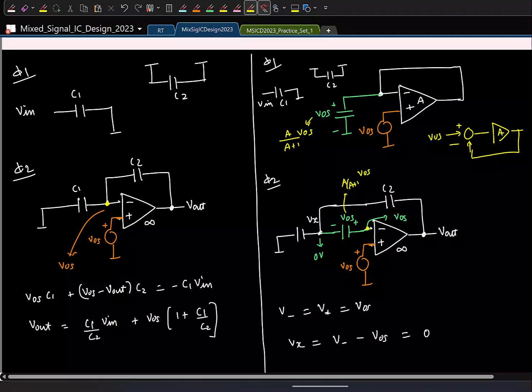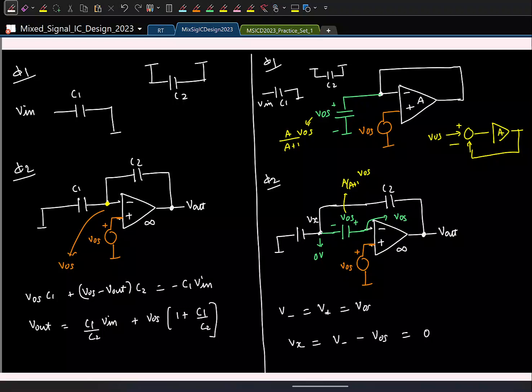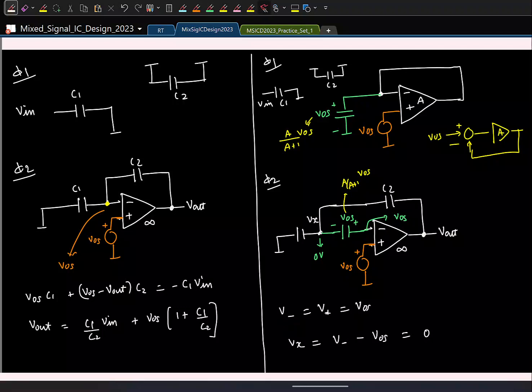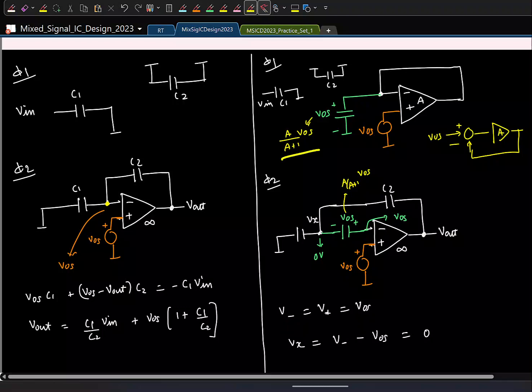And again, similarly, this voltage will not be exactly VOS. I mean, it becomes complicated to solve, but for now, assume that it's approximately VOS and see what happens. So we still assume that V minus is approximately VOS, and the voltage stored across the capacitor is this guy.